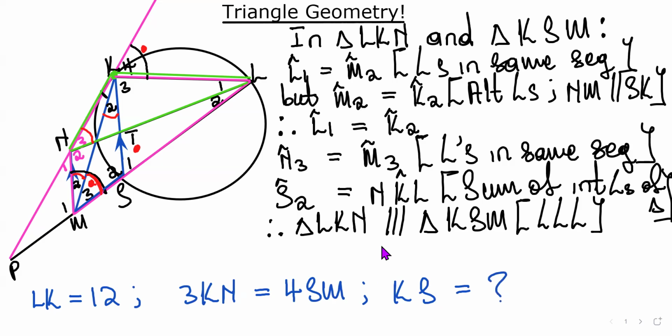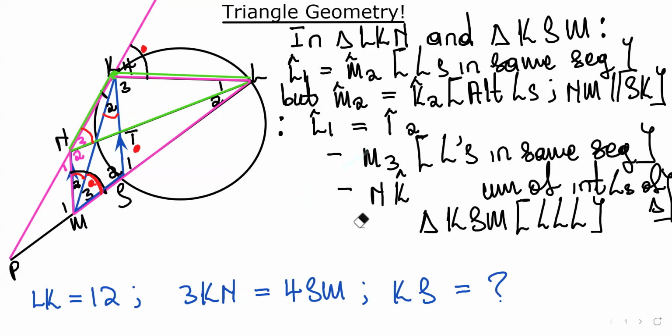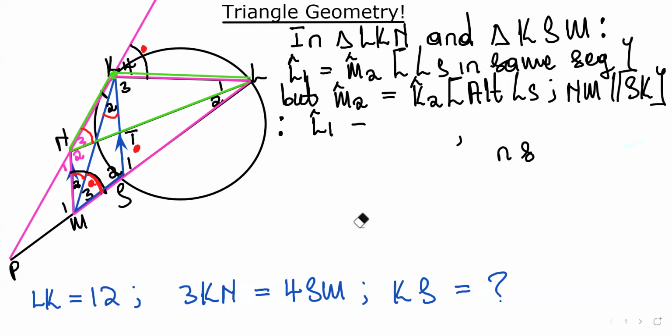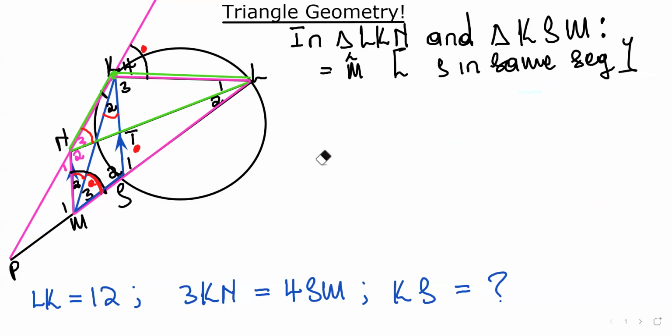That's what the question is saying. All right. So we need to think about similarity first because we have just proven two triangles to be similar to each other.